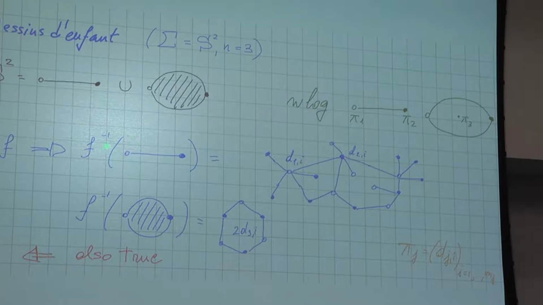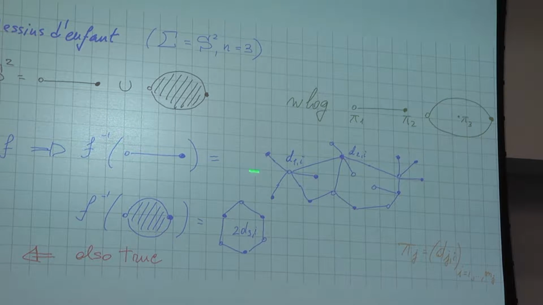So if F exists, you can lift this segment and you will get a graph in the candidate covering surface, sigma twiddle.